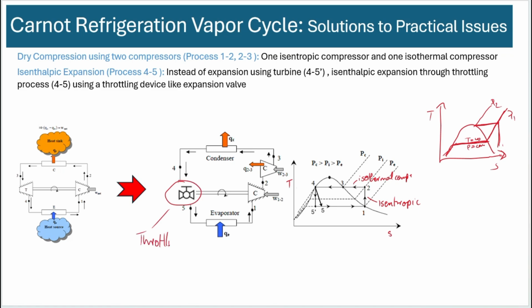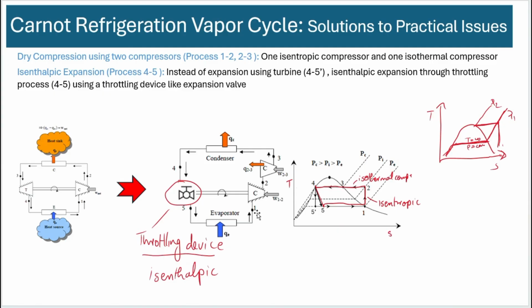Okay, so there is no turbine. This is a Joule-Thomson type expansion with a throttling device, isenthalpic, and you have done calculations on this in the previous lectures. Okay, so the shape now becomes something like this. This is our new process, right? This is one way to solve this.